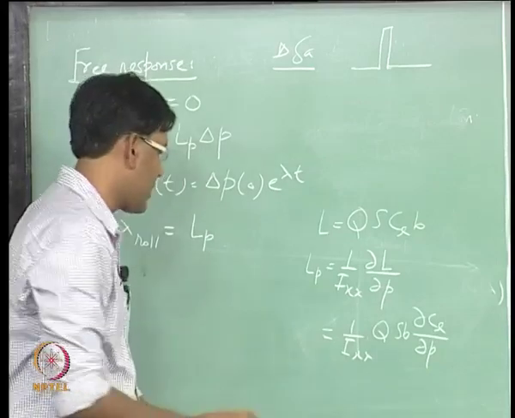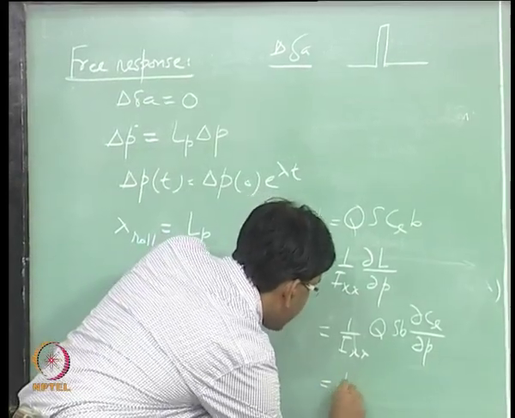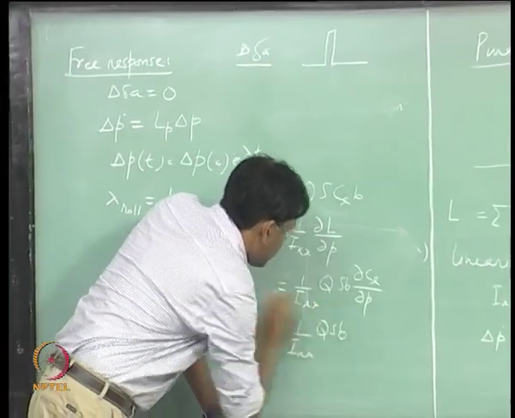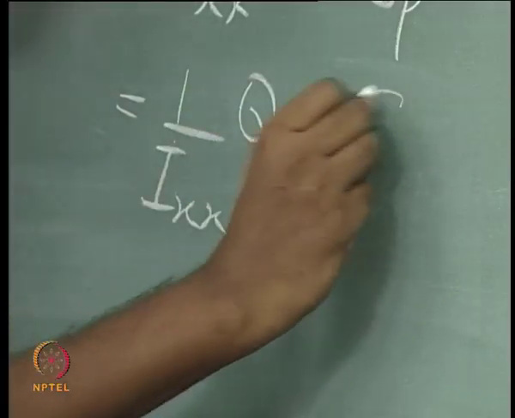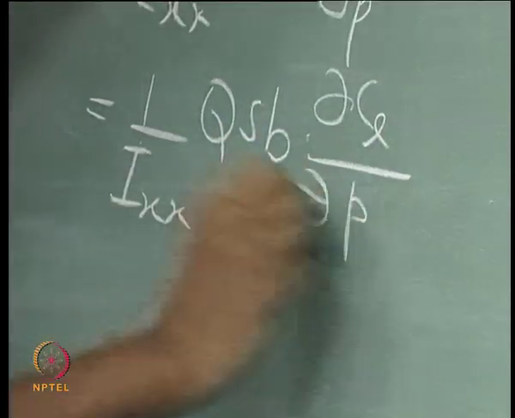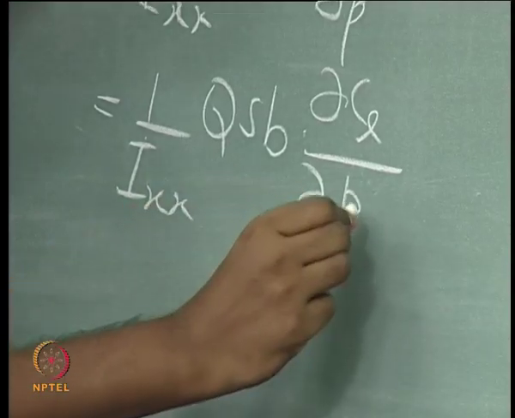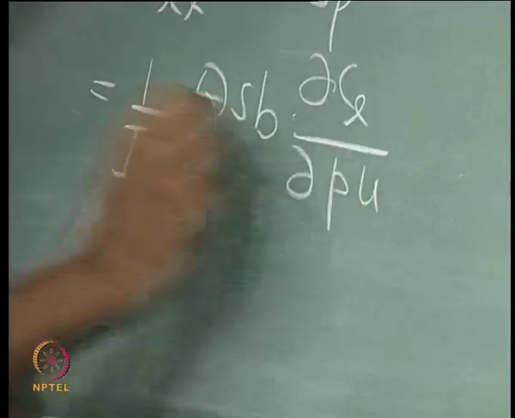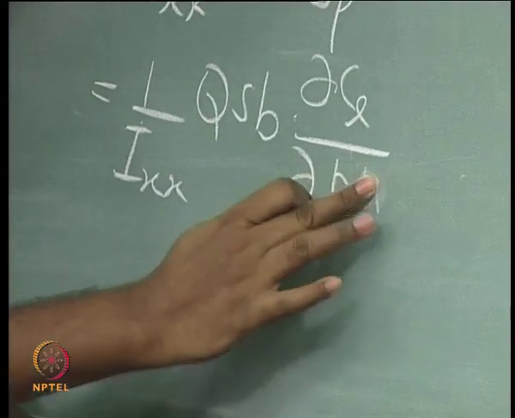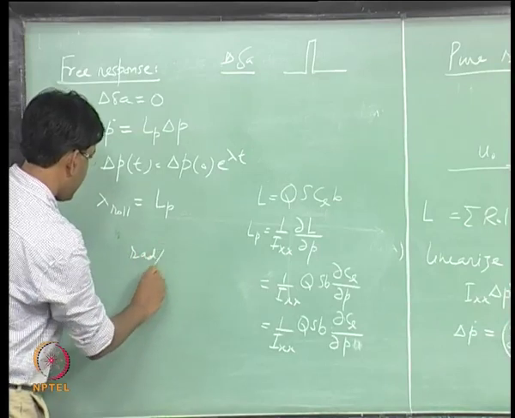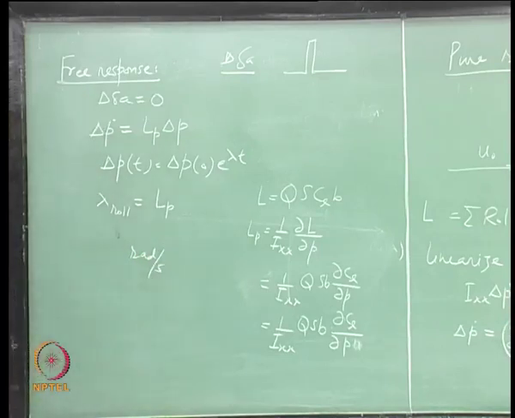So, what you can do to get rid of that, so P is having a unit radian per second.